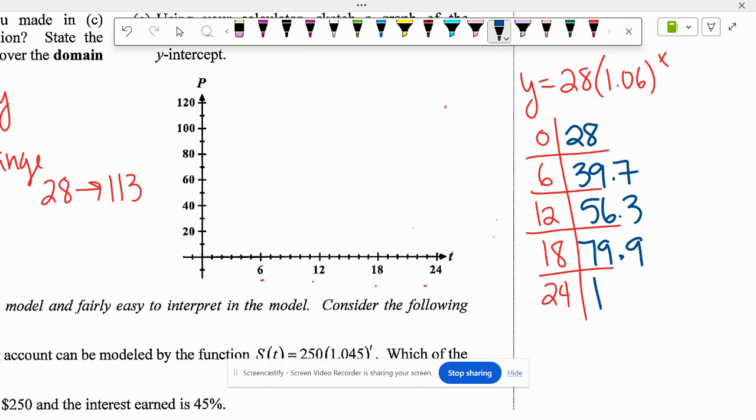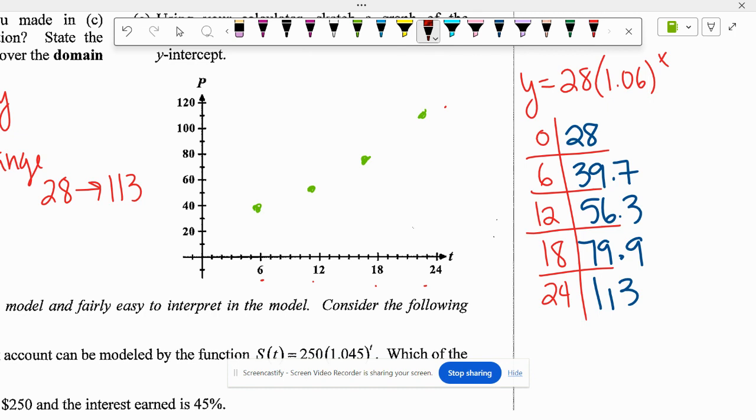And 24, we said, was about 113. So we're going to just graph these. When x is 0, I'm at 28. Well, that's right below the 30, so I'm plotting that point right here. When x is 6, I'm at 39.7, so that's almost a 40. That's where I'm going to plot it. When x is 12, I'm at 56, so that's a little bit below the 60. When x is 18, I'm at 79.9, which is very close to 80. And when x is 24, I'm at 113.